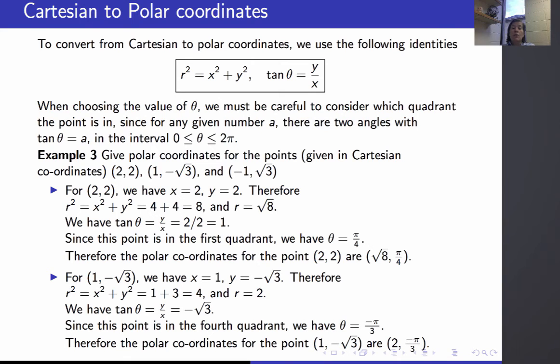Since the x value is positive and the y value is negative, this point is in the fourth quadrant. And we have a unique angle between 0 and minus pi over 2 for which tangent of theta equals minus the square root of 3, and that is minus pi over 3. The polar coordinates for this point are r equals 2 and theta equals minus pi over 3.